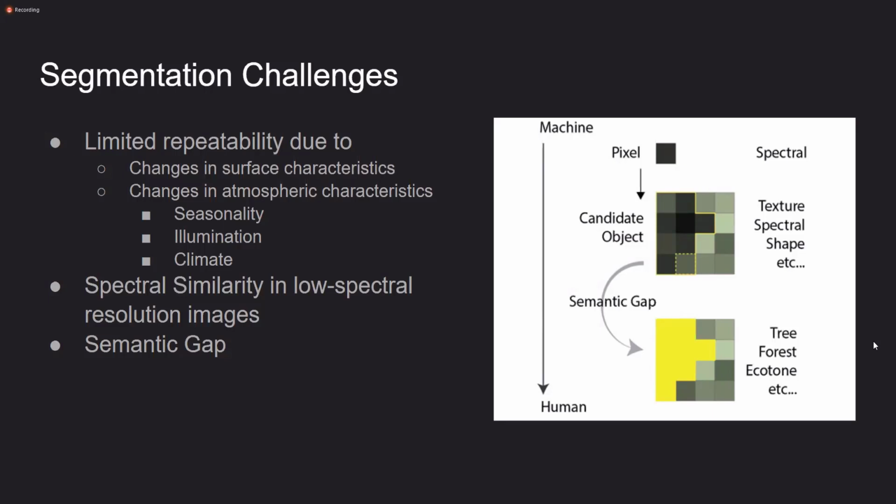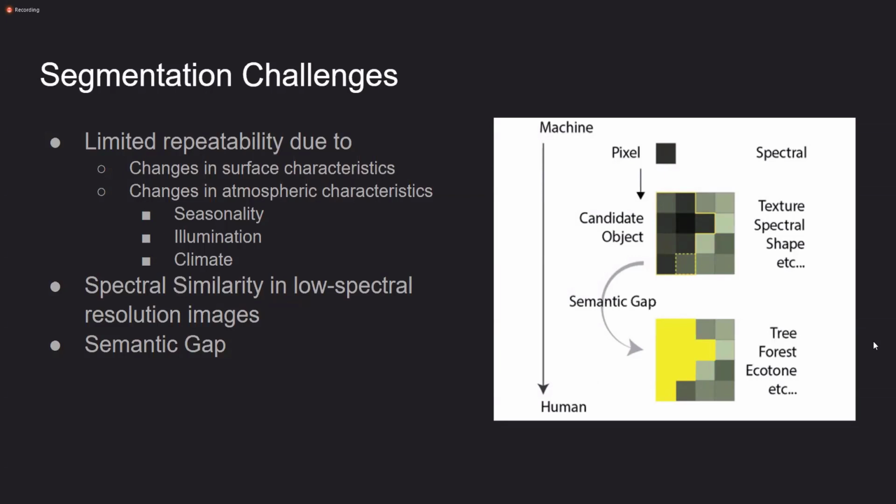So translation of information from spectral, texture, and shape metrics into knowledge requires a conceptual leap, and that's where humans come in. So understanding that this set of properties for that object means that it's a tree versus a house, for example.